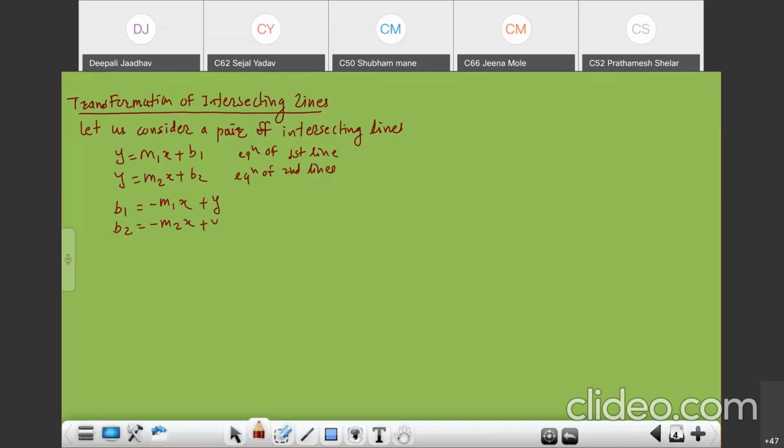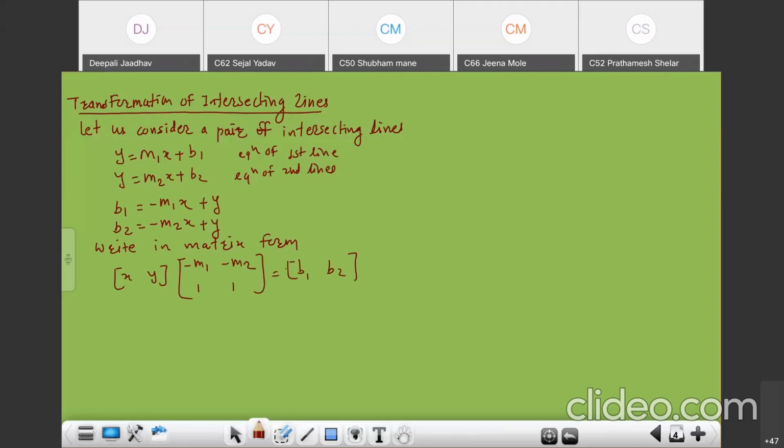Now we write these equations in matrix form: x, y multiplied with this matrix, minus m1, minus m2, 1, 1, is equal to b1, b2.